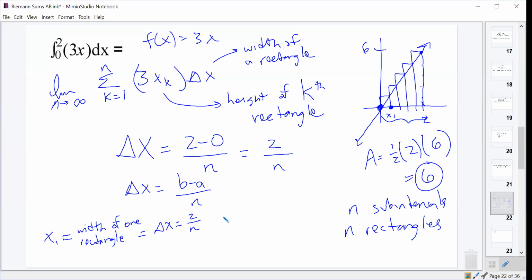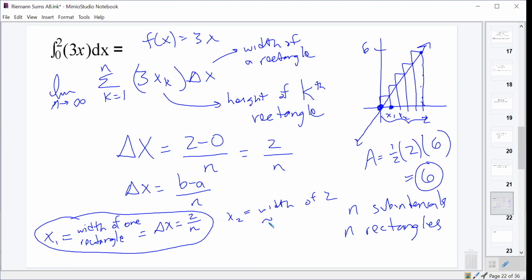So that's the first one. What about the second one? What about x sub 2? X sub 2 would be right here, right? How far over have I gone now? I went over the width of 2 rectangles, which is 2 over n times 2, or like you just said, 4 over n.